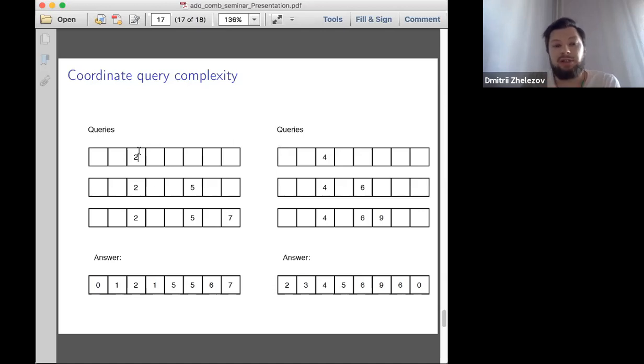For example, here you take the third coordinate, and the oracle says, okay, the third coordinate is 2. Then I query the 6th. Here it says, okay, this one is 5.